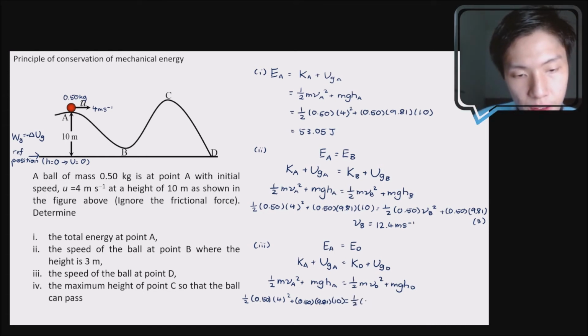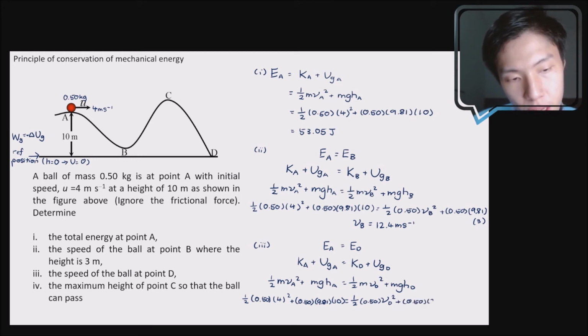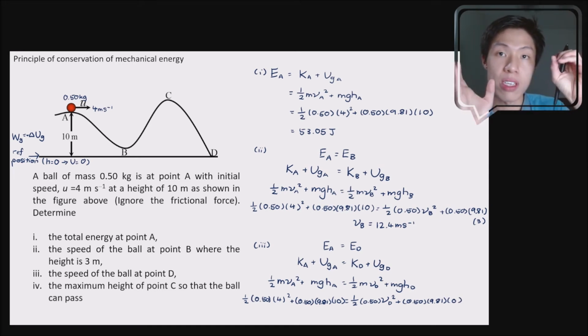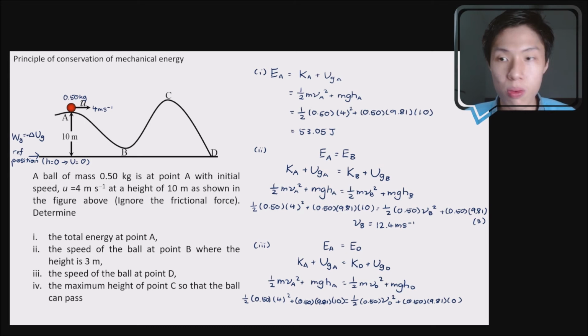Next, half m, you need the speed, so leave it as VD squared. Next, it should be 0.5, 9.81. The height at D will just be 0 because the D is right on the ground. So if you are on the ground, then the height should be equal to 0, because we set the 0 as our reference position.